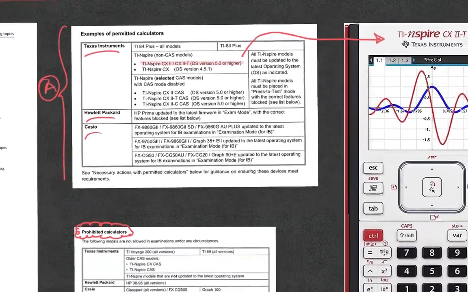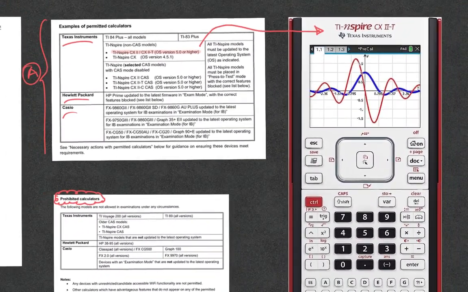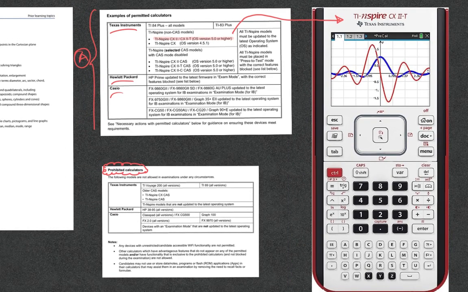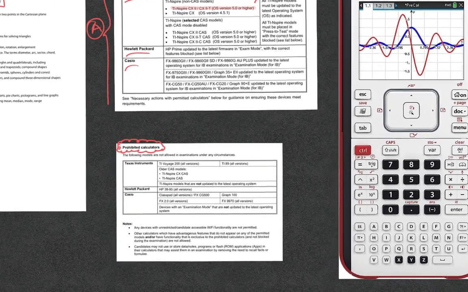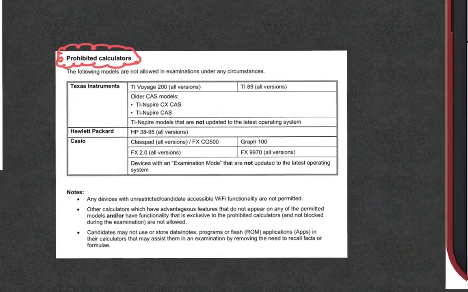Now, I will be working with the TI Nspire CX, which is the model that I just put right on the right. So this is how it looks. It's red and white, and it has a lot of graphing capabilities, and algebra, basically you can do a lot of things. Final thing, there are some calculators that are prohibited.